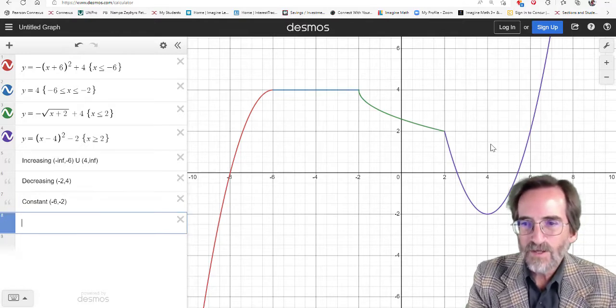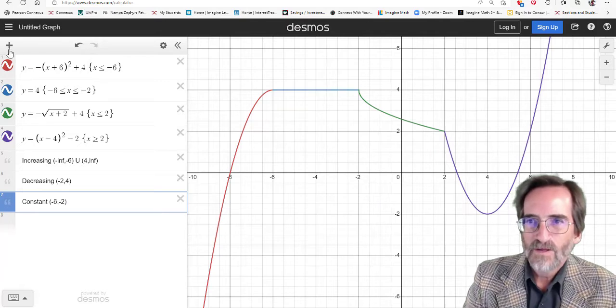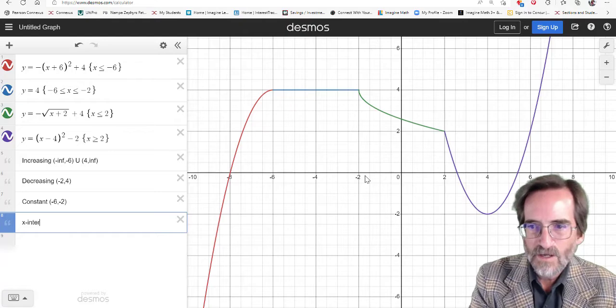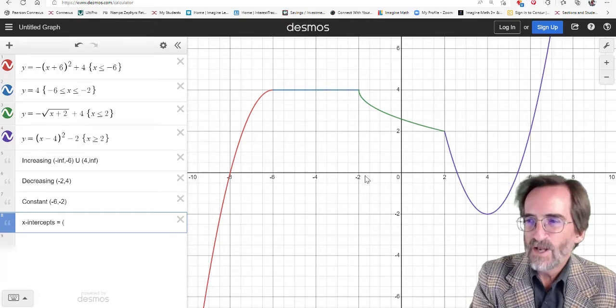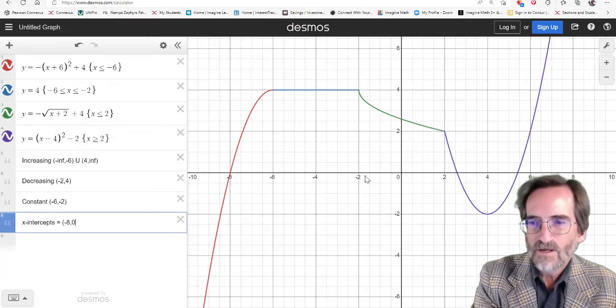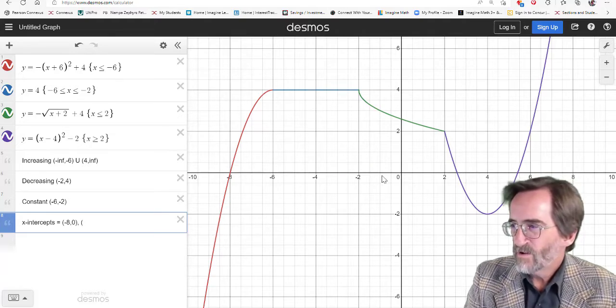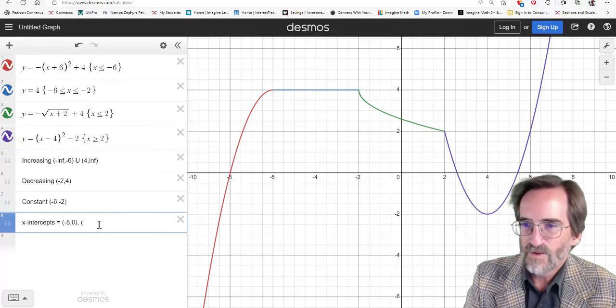We can also find the intercepts, the x-intercepts, right? X-intercepts are, see, it crosses at -8 and at, now here, Desmos will tell me it looks like about 2.5860, right?